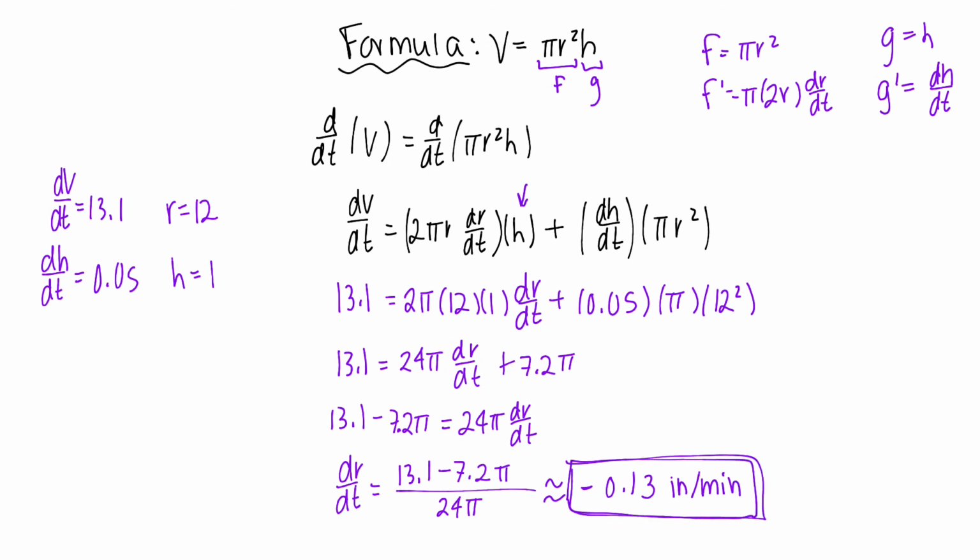The best explanation I have for this is you could think that as it's getting taller, it's shrinking in on itself. Not sure, but this is the answer. Most of the time these answers make a lot more sense than this. This one just doesn't make as much sense, but it is the correct answer. The radius is actually shrinking.